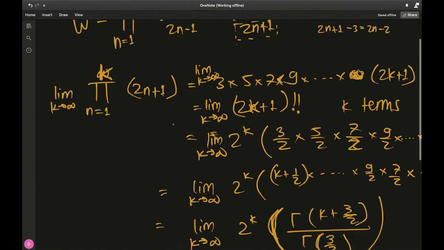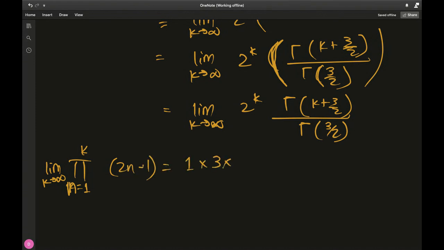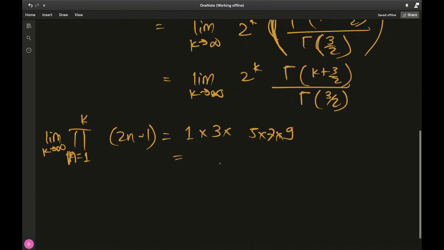Now similarly look at the 2n minus 1 part. So we have product from n equals 1 to k in the limit as k goes to infinity of 2n minus 1. Writing down some terms, it is 1 times 3 times 5 times 7 times 9, and the last term effectively is 2k minus 1 in the limit again as k goes to infinity.